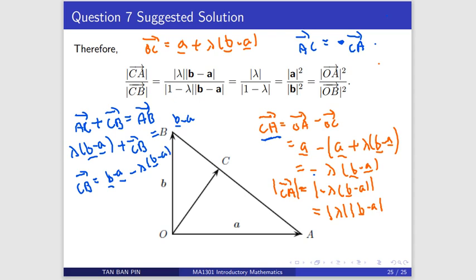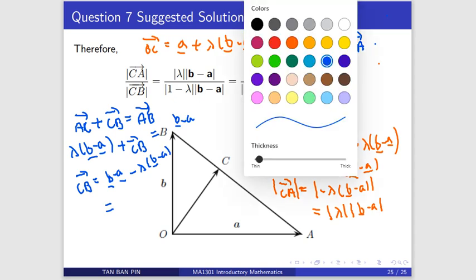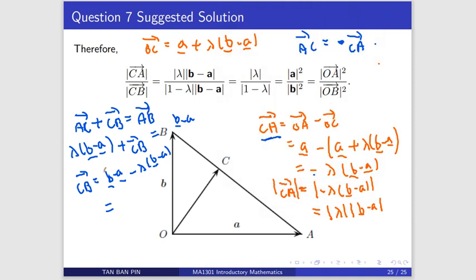So with that, you can just group it. You say this as one term, B minus A minus lambda (B minus A). So you take out B minus A, so it will be (1 minus lambda) then (B minus A). Yeah?